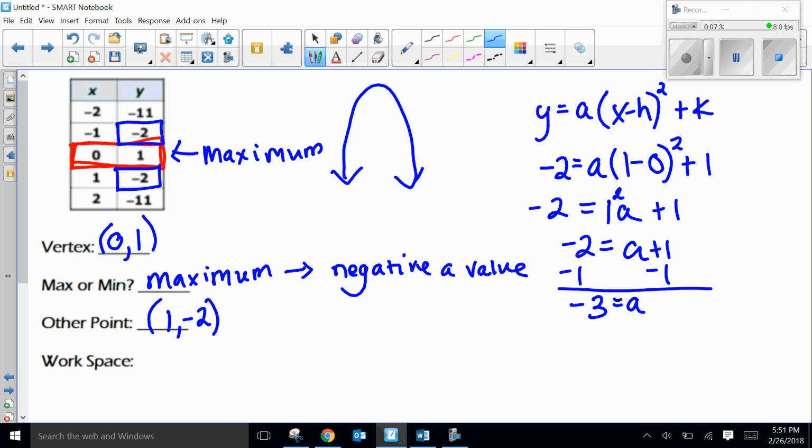So my a value is negative 3, which confirms I have a negative value because I have a maximum. So now I'm going to go back and write it in vertex form. y equals, my a value is negative 3, times x minus my vertex 0, squared, plus 1.